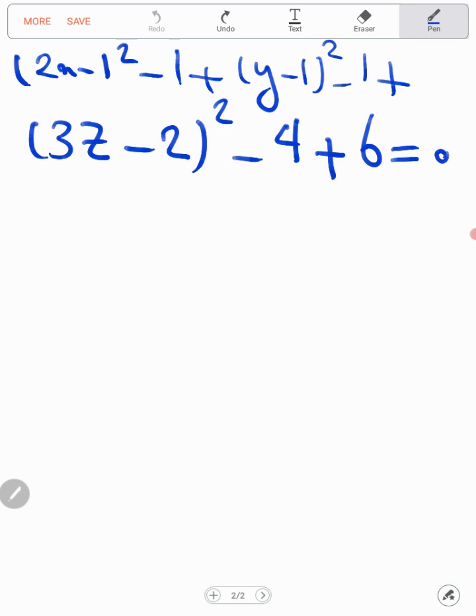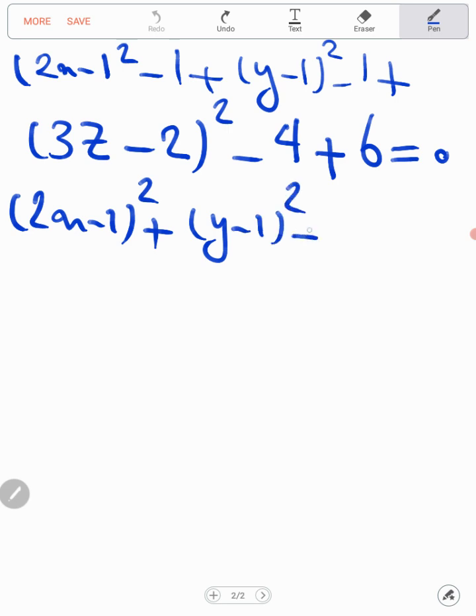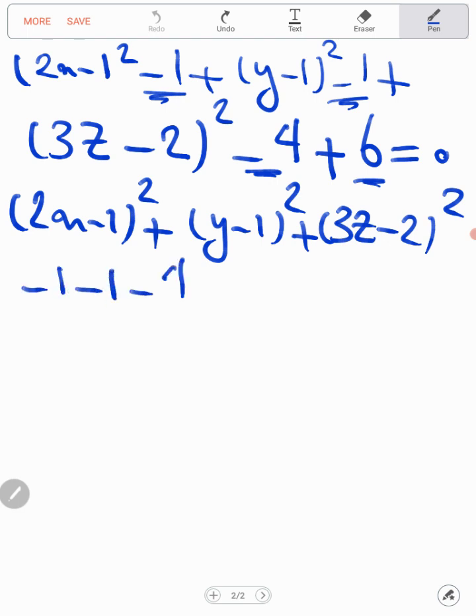Okay, it's better to first put these parentheses together and then simplify this equation. 2x minus 1 squared, y minus 1 squared, 3z minus 2 squared, and then we have some amounts: minus 1, minus 1, minus 4, plus 6 is equal to 0.